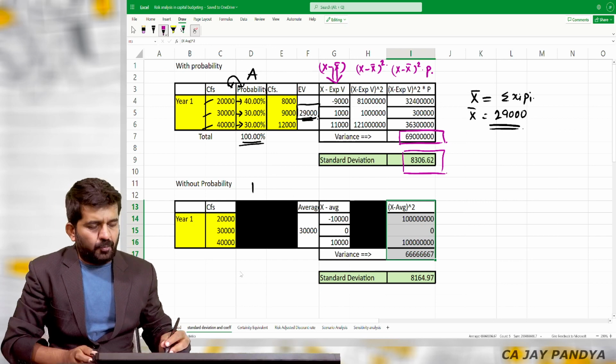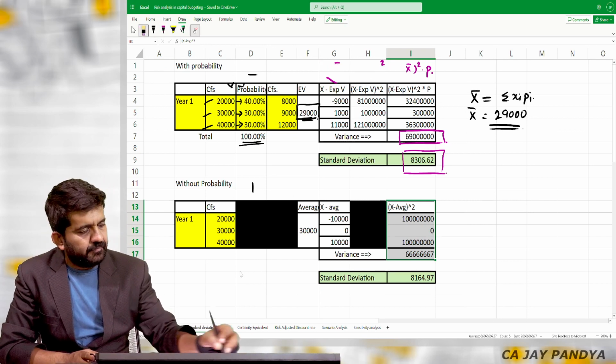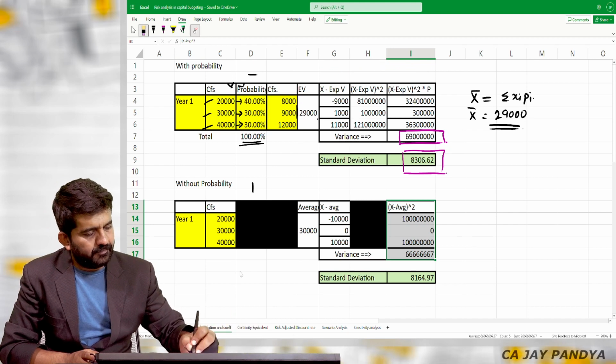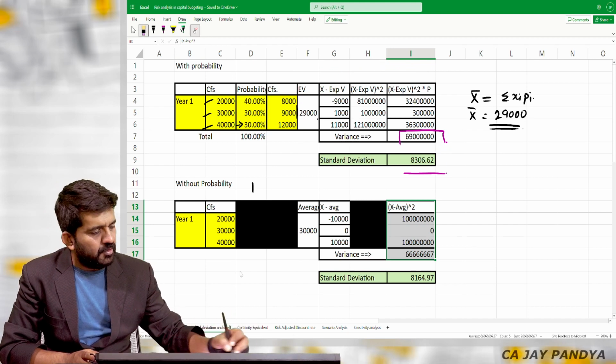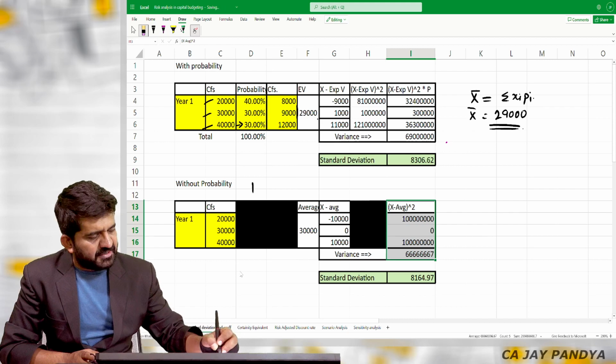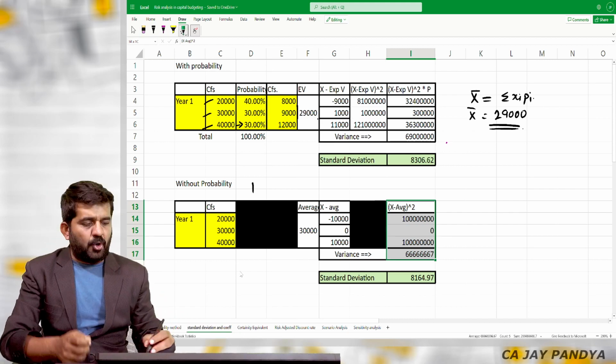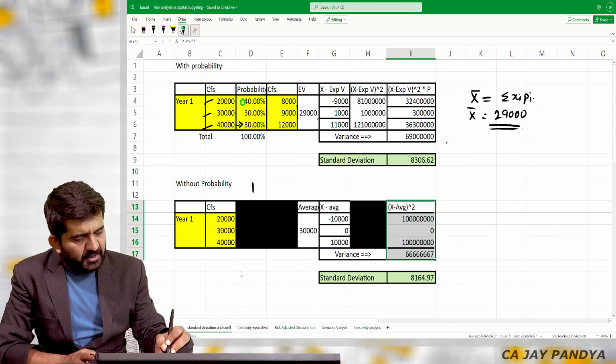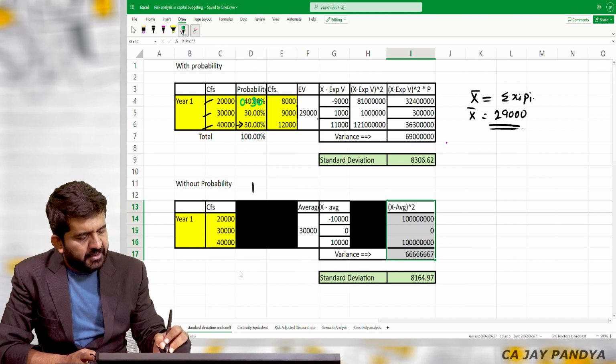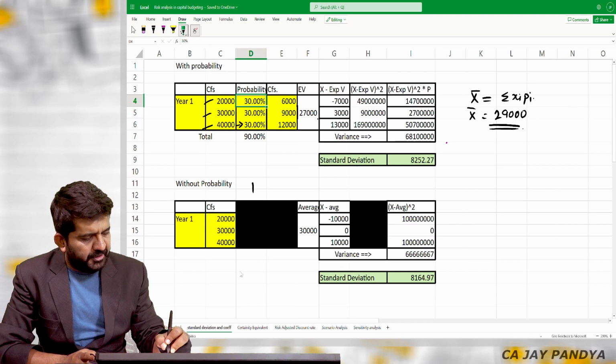Now let us go to project B. Project B is having a similar type of cash flow, just that the probability is different. First year it is 30%, second year it is 30%, and third year it is 40%.